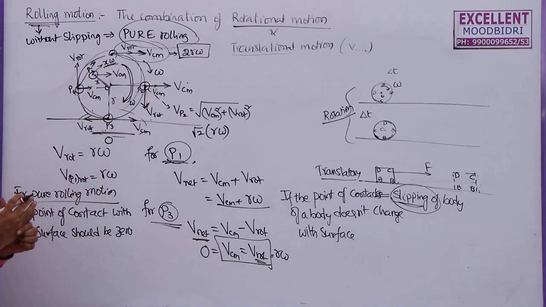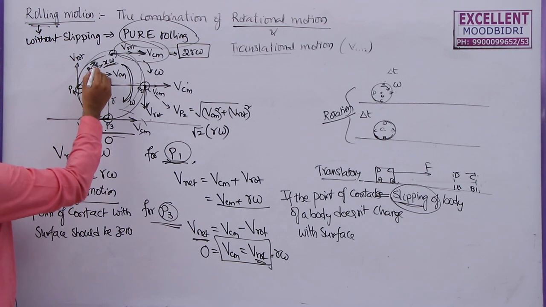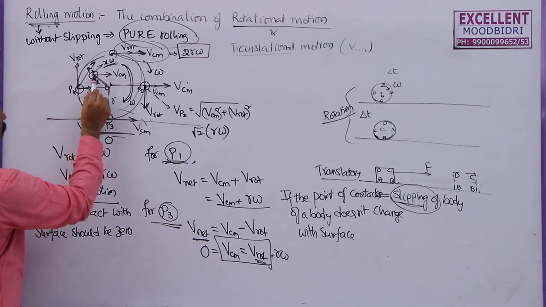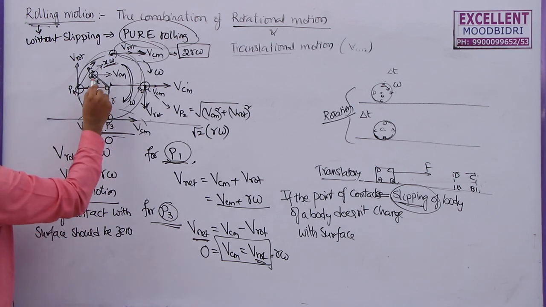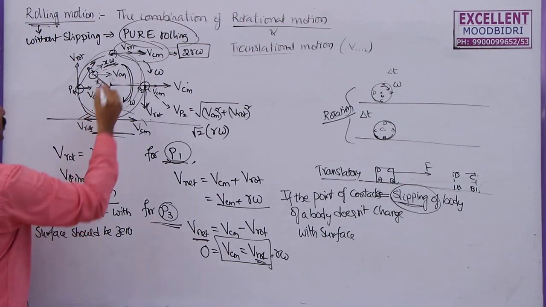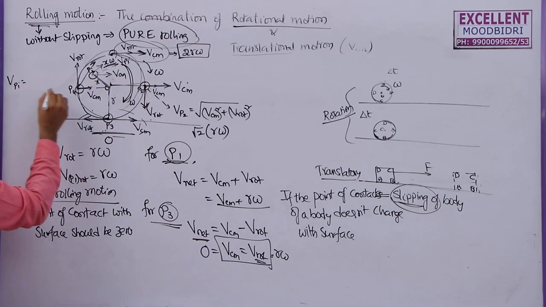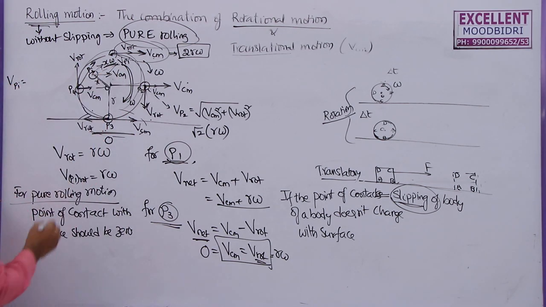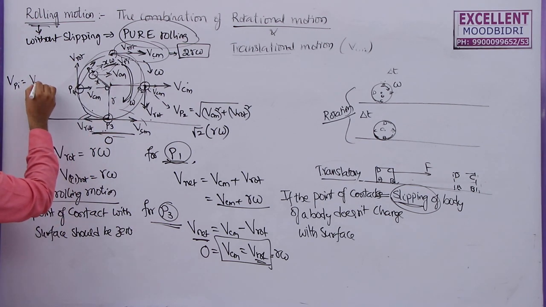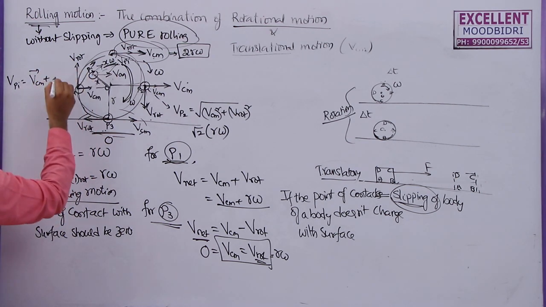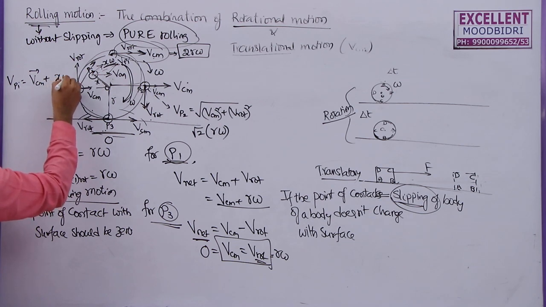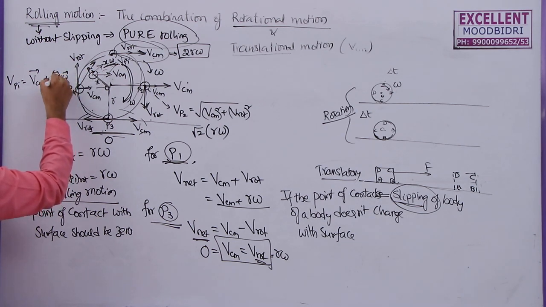So what is the resultant velocity of this particle? Here we have V_CM, and we have x omega, that is V rotational. The resultant is given by this diagonal. So this is V_Pi, which is given by the vector sum of V_CM bar plus x omega bar, that is x bar cross omega bar.